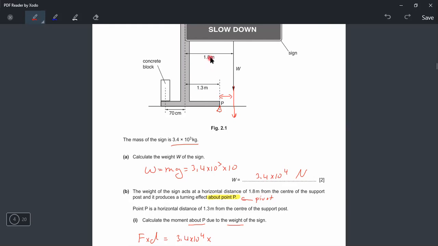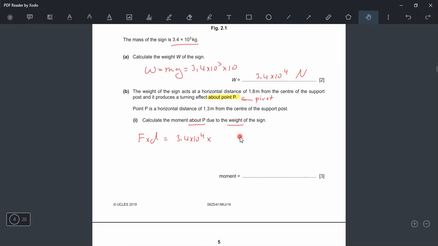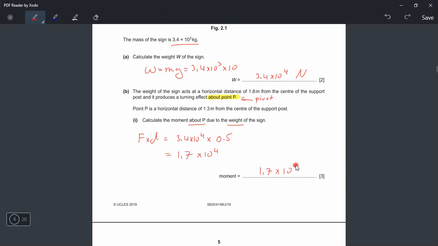It's the difference between 1.8 and 1.3, which is 0.5. So it's 3.4 times 10 to the power of 4 times 0.5. This gives you an answer of 1.7 times 10 to the power of 4, newton meters. Because it's force times distance, so the unit is newton times meter.